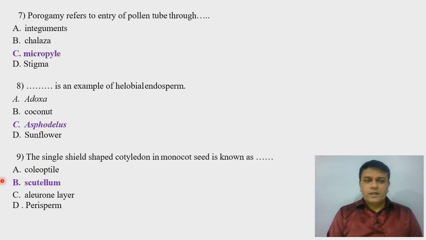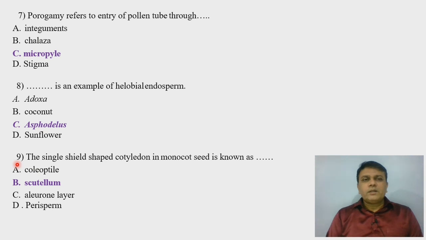Then the next one is, the single shield shaped cotyledon in monocot seed is known as, and the options given are A. Coleoptile, B. Scutellum, C. Aleurone layer, and D. Perisperm. And the correct option is B. Scutellum. Now you know that monocot seed means the seeds which show presence of only one cotyledon, and the common examples are maize, then bajra.